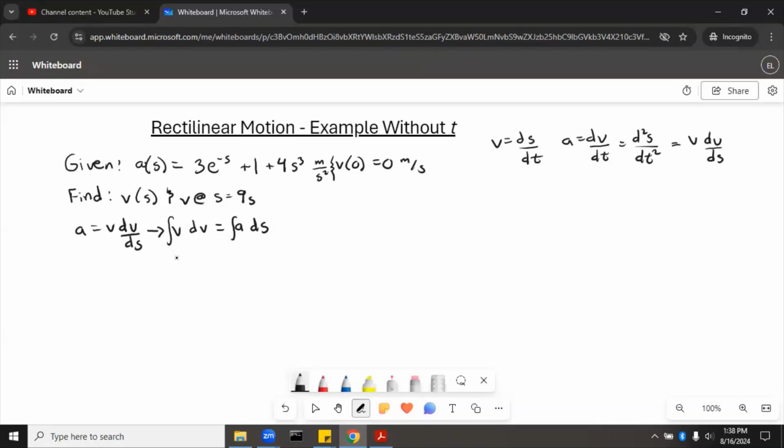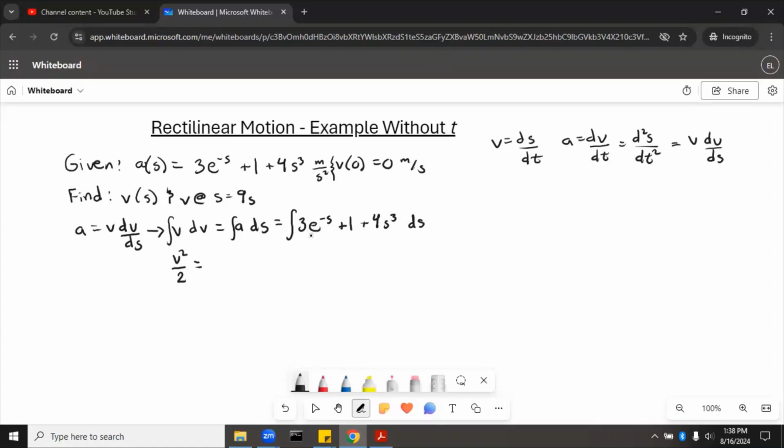Okay, so then we have the integral of v is going to be v squared over 2 equals the integral of a ds. So if we integrate all of that stuff, which we'll just write over on the side, the integral of 3 e to the negative s plus 1 plus 4 s cubed ds.